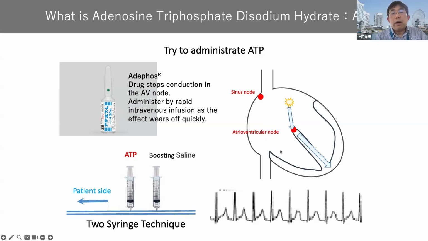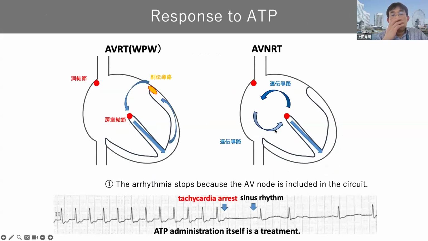We call this the two-syringe technique. If we just give it as a drip, it would not work so much. So we have to push the ATP in one heartbeat. If the rhythm responds to ATP, whether AVRT, WPW, or AVNRT, it will stop, because the AV node is included.